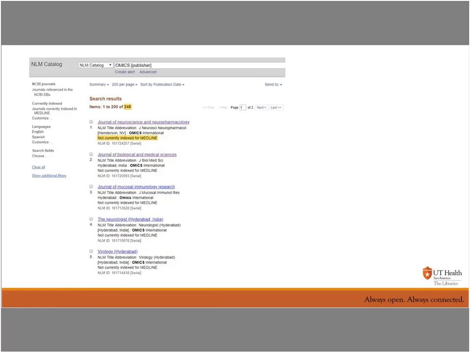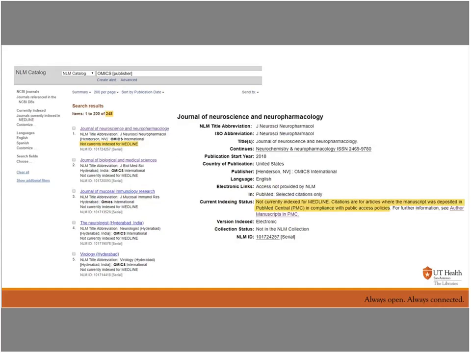Okay, so one of the ways that we can see this is we're going to use OMICS as such a good example, especially because of the injunction with the FTC. If you go into the NLM catalog and you look up OMICS as a publisher, you see a list of some of their journals, and we're going to look specifically at the Journal of Neuroscience and Neuropharmacology. You see here that it says current indexing status, not currently indexed for Medline.